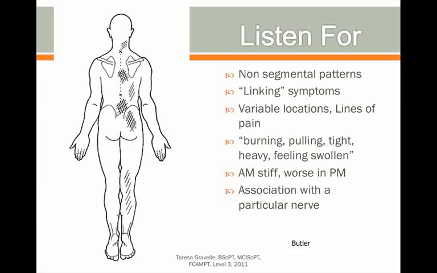There can be variable locations where the pain may jump around from place to place, but it may be in a line of pain. They may describe things like burning, pulling, tightness, a heaviness of a limb, or they might feel like they're swollen. They may have things like AM stiffness, and their symptoms could be worse in the evening, again associated with a particular nerve pattern.